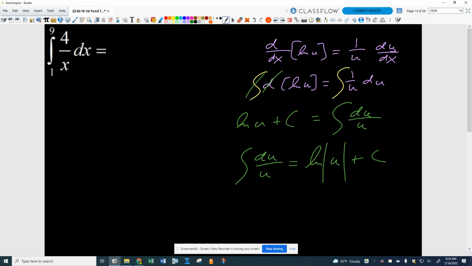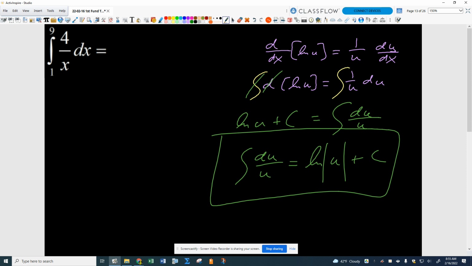The only number that's not in the domain of the reciprocal function 1 over x is 0, right? So because we can have negative numbers in the domain of this function, but we can't have negative numbers in the domain of our log function, we've got to place absolute value bars around the argument of the log. So this is what would show up in a table of integrals. Okay? Does that make sense?